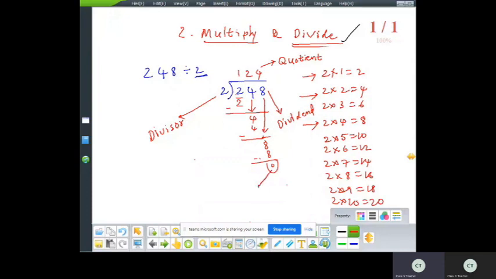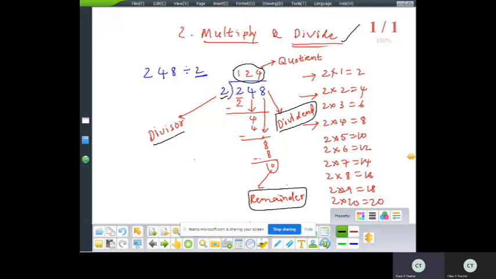Now this 0 is called the remainder. These are called labels of division. First one is divisor. 124 is the quotient. 248 is the dividend. And 0 is called the remainder. Take these labels of division.